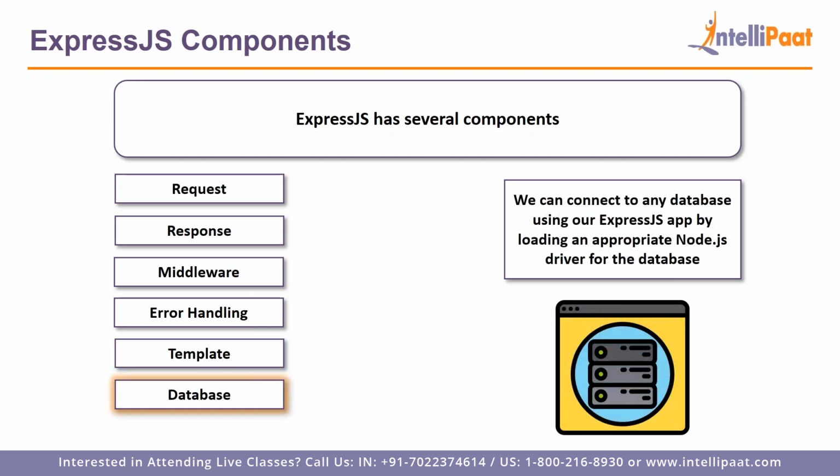And finally, databases. As we all know, any application that needs to store user data needs to have a database in the backend. Express.js allows us to connect to many sorts of databases. If there is a library for you to connect to a database, then you can connect to it. On npm, the Node package manager registry, there are a lot of packages available for connecting any kind of database that you want. You could just download it, install it in your project, and then use it.